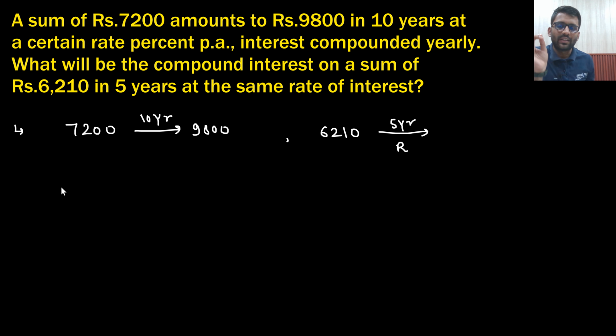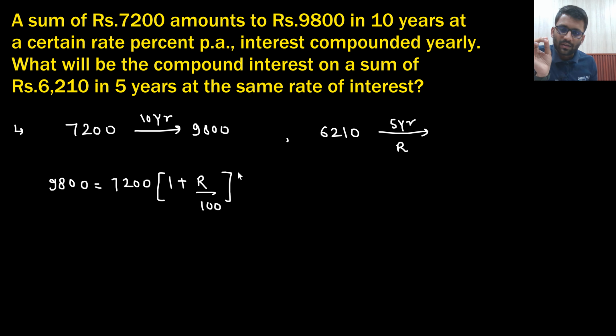So first we need to find the rate here. What will be the rate? 9,800 is equal to 7,200 into (1 plus r by 100) to the power 10 years, right? So 98 by 72 to the power 0.1, minus 1, into 100.